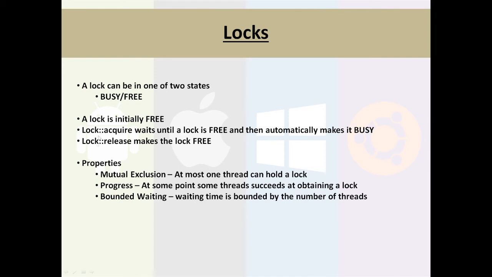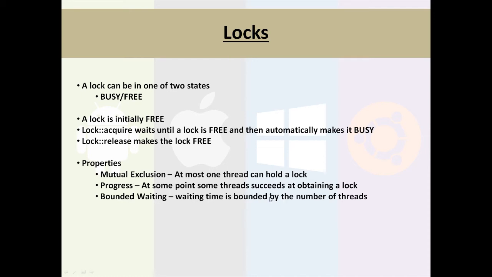Now, because of the way it is implemented, it ensures a couple of different properties. One is mutual exclusion, which is what we really desire, which means that at most one thread can hold the lock, so in our critical region of code, which is surrounded by our lock statements, only one thread at a time can actually perform this task. It also ensures progress, which means that at some point, some thread succeeds at obtaining a lock.